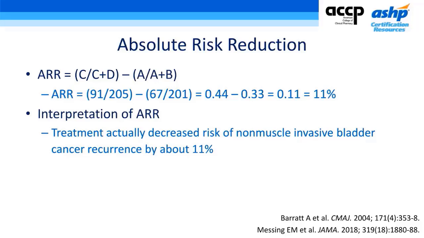The numbers are 0.44 minus 0.33, which equals 11%. So how do you interpret that using words? So the interpretation of absolute risk reduction in this example is that the treatment actually decreased the risk of non-muscle invasive bladder cancer recurrence by about 11%.